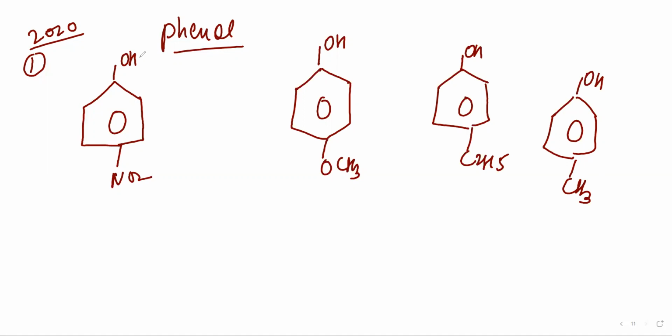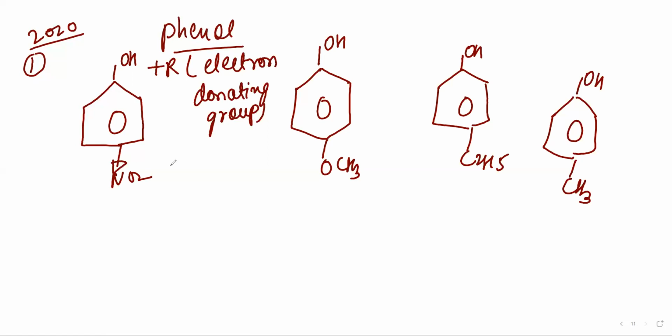When OH group is attached to benzene, it has a plus R effect. So this is an electron donating group. And the nitro group is an electron withdrawing group. The others, OCH3, C2H5 and CH3, are all electron donating.